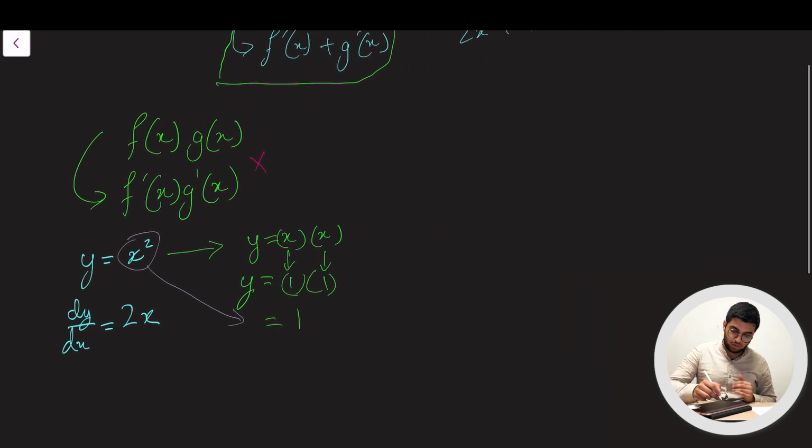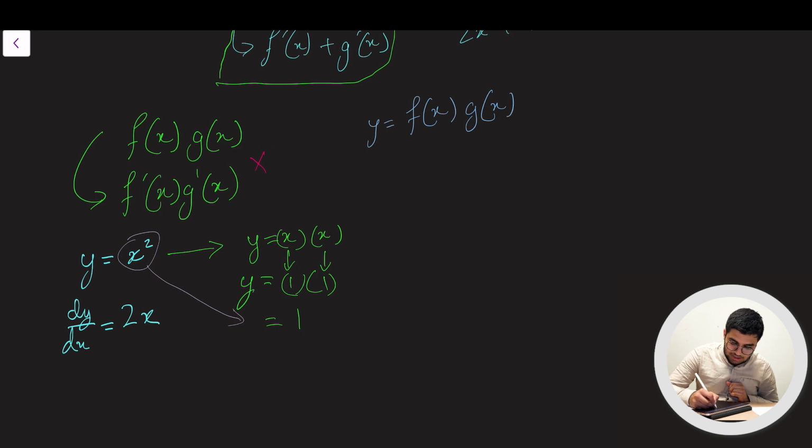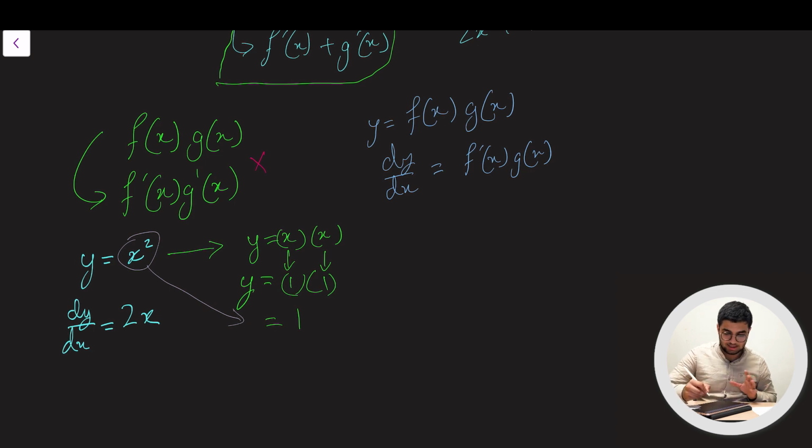What the actual rule is: if you have y equals f of x times g of x, two functions being multiplied by each other, you can derive it by first deriving one, leaving the other as is, and then deriving the other and leaving the first one as is. That is the product rule, used for functions that are multiplied by each other.